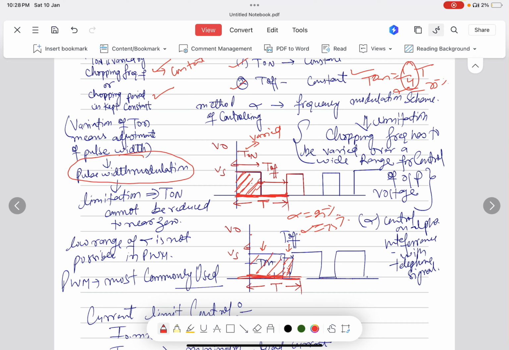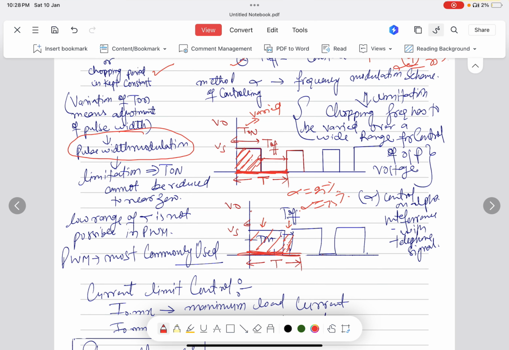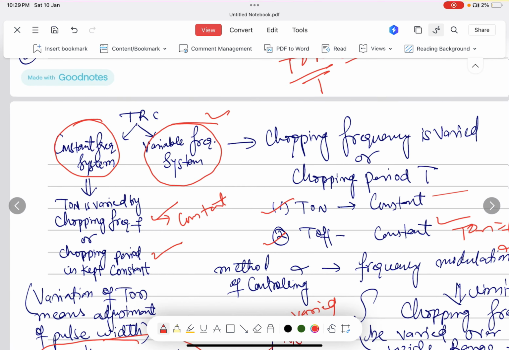It remains at some value for most of the commutation circuits used in the chopper. Such low alpha control is not possible in pulse width modulation. This can also be achieved by increasing the chopping period of the chopper. So we have understood this.